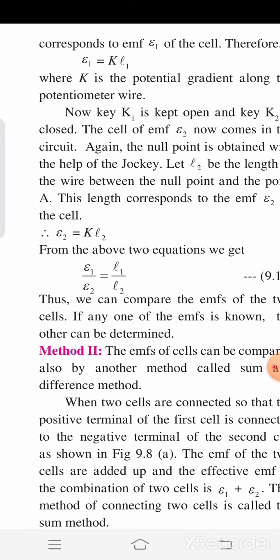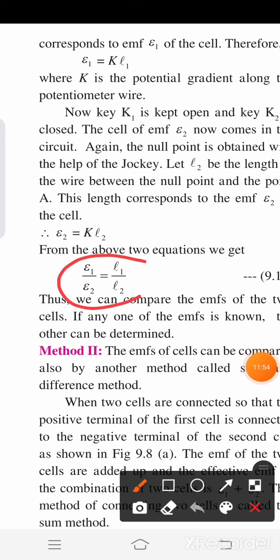Dividing equation 1 by 2, we get E1 upon E2 is equal to KL1 upon KL2. By cancelling K from numerator and denominator, we get E1 upon E2 is equal to L1 upon L2, where E1 is the EMF of the first cell, E2 is the EMF of the second cell, L1 is the balancing length of the first cell, and L2 is the balancing length of the second cell.